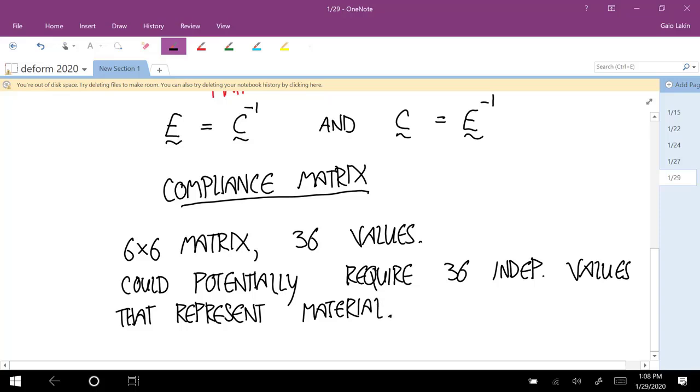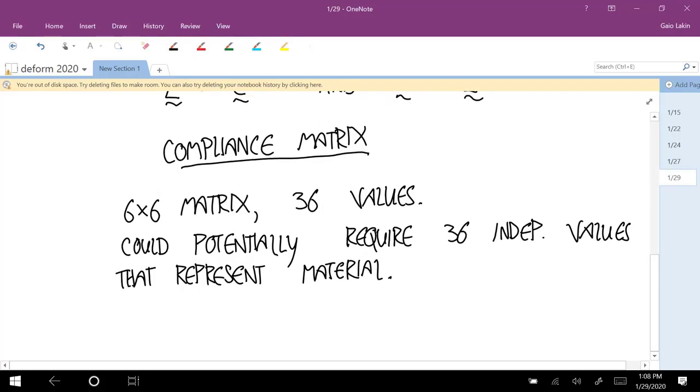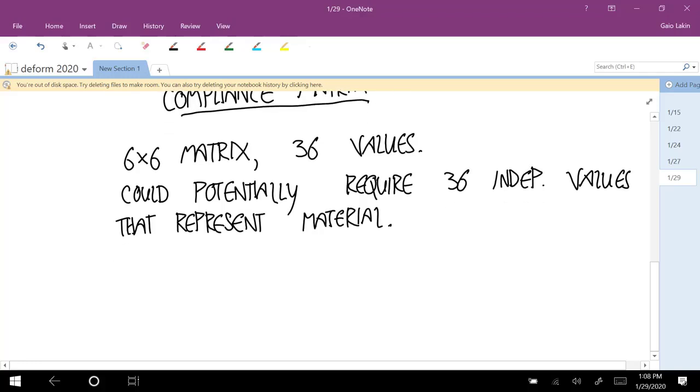And depending on what those values are, there could be different tests for all of them, but it's hard to imagine coming up with an easy way if your material is defined by these 36 values. It's hard to imagine all of those being easy things to measure. And so there's the chance here for this to be a very difficult thing to measure for a material.